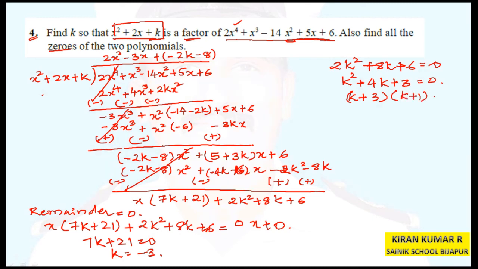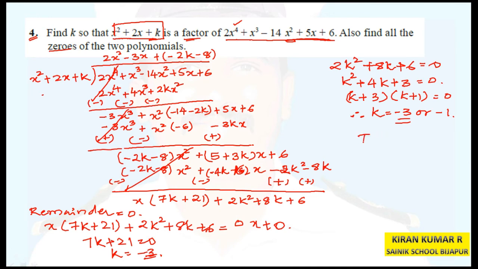I will be getting k square plus 4k plus 3, which can be simplified and we get k plus 3 into k plus 1. The value of k is minus 3 or minus 1. If you observe it properly, this value k equal to minus 3, we have got it twice. So my preference goes there. I'll take the value of k as minus 3.